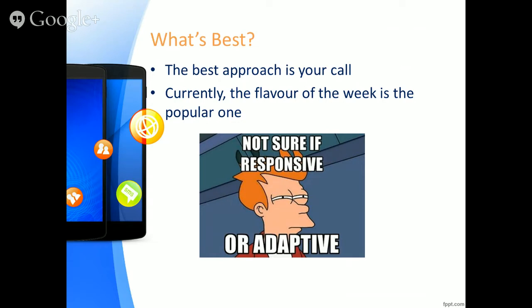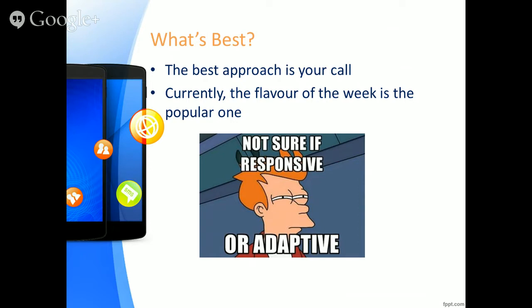Others want to start with a marketing approach, which I say because a lot of the marketing focus is getting a concise, clear message out there and then building functionality upon that, and that's where your progressive enhancement approach comes in. Honestly, right now, a lot of what you find is that the flavor of the week is the popular one. People are on one driving force for graceful degradation, and then all of a sudden the next week it's no longer a fashion fad. Progressive enhancement is the way to go. So it all depends on your environment and your needs.